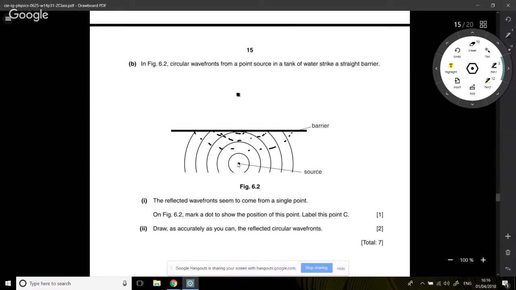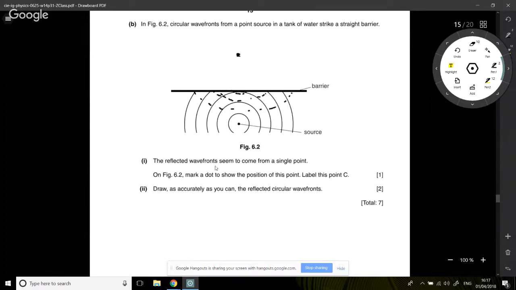Okay, so basically you have this point source, and it's emanating these waves. These waves are reflected off this barrier. And then it says the wave fronts seem to come from a single point.